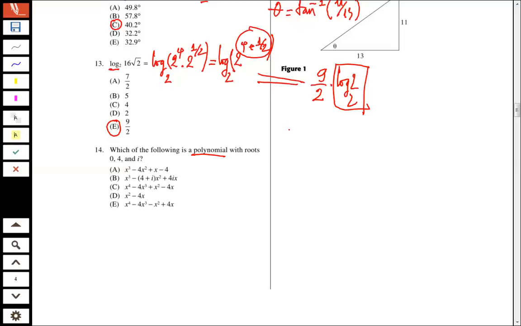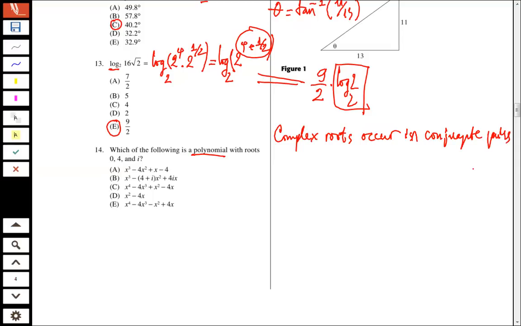We need to remember an important statement that complex roots occur in conjugate pairs.